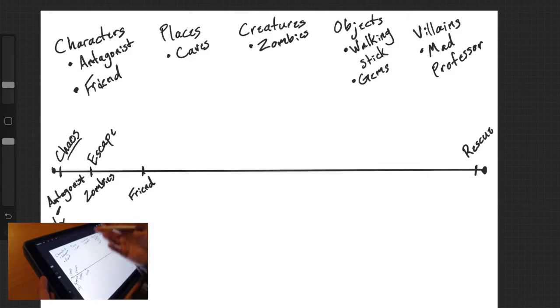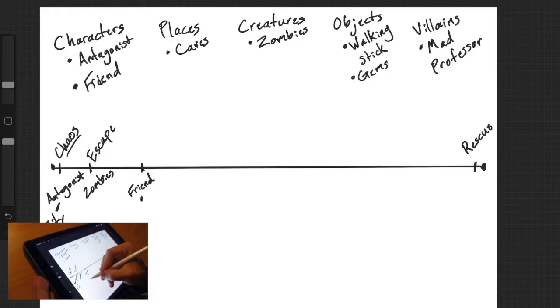So let's say your antagonist escapes the city, he finds this friend, or this friend waves him down, or maybe he saves the friend from something, and they get to talking, and you can share a backstory for either your antagonist or the secondary character, or maybe even both.